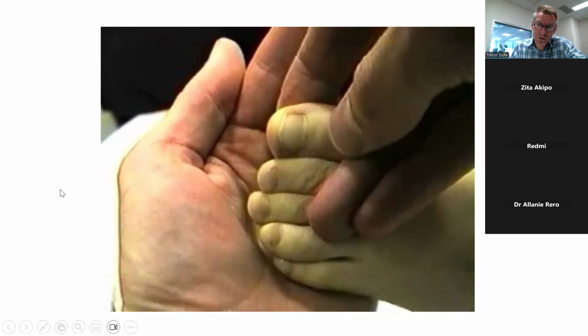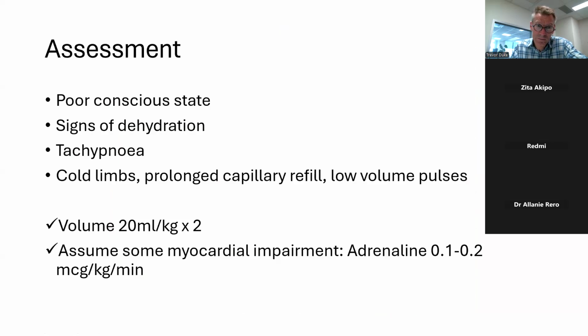This is a child who had cold shock from meningococcal disease. He did very fine when he got the right treatment, but he presented with really cold shock. I think it's a useful way to understand it. Cold peripheries, very prolonged capillary refill, low volume pulses, looking really lethargic and pale.